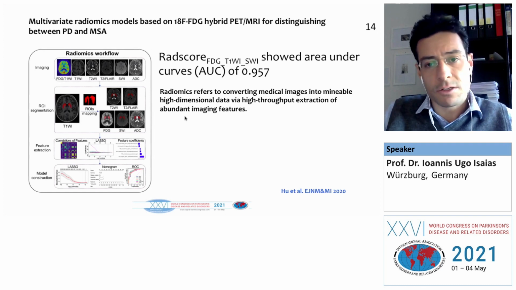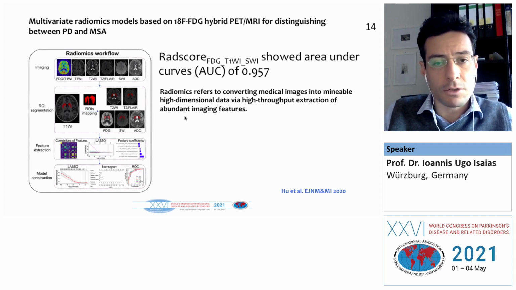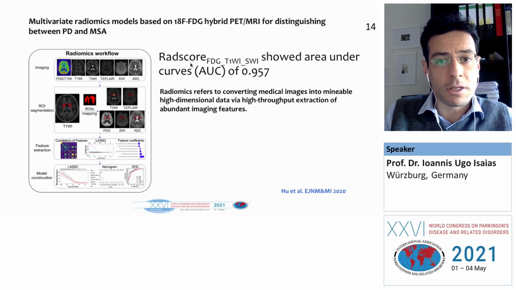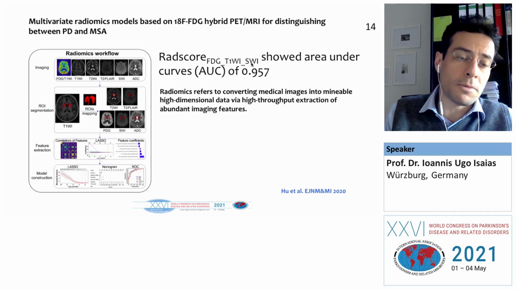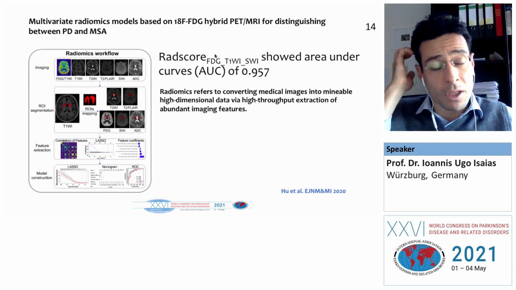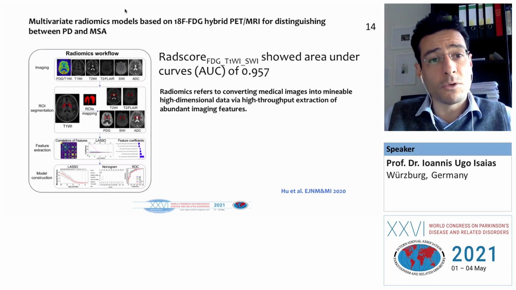Great advances in recent years have derived from different data analysis approaches. For example, in this study, they combined glucose PET, T1 weighted images, and susceptibility weighted images, and used a deep learning algorithm to define what they call multivariate radiomics models.